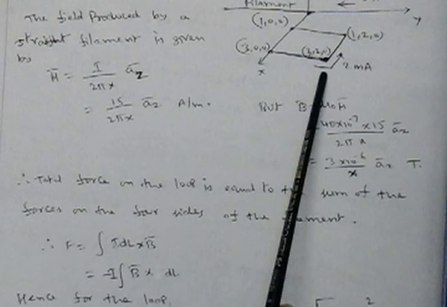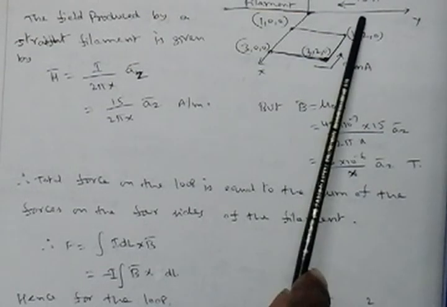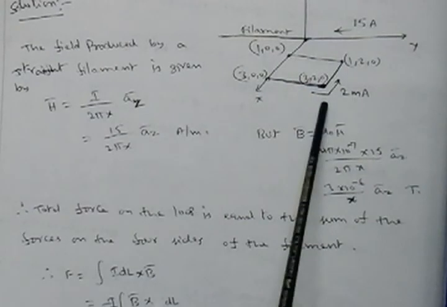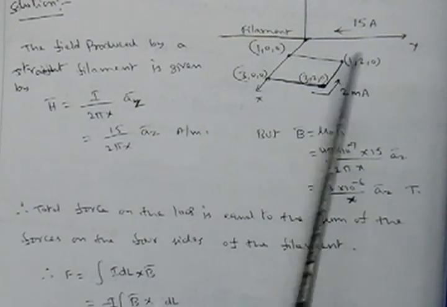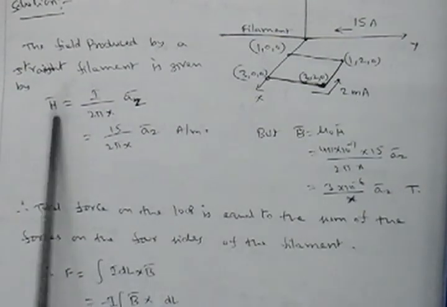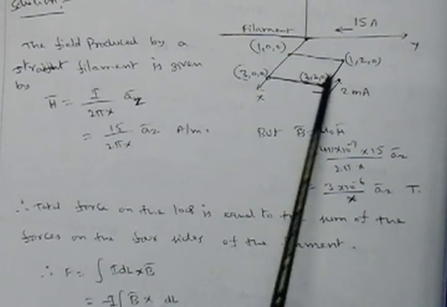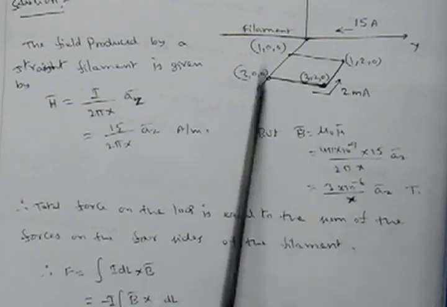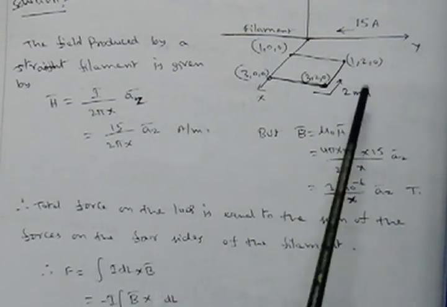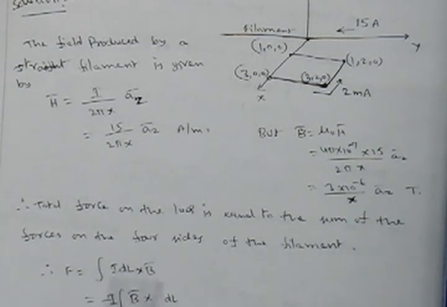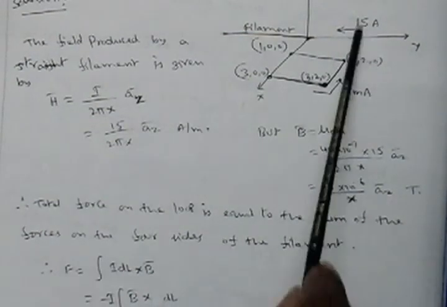Here two currents are given. One current is considered for the calculation of magnetic field intensity, because whatever current flows through the filament produces the field. The loop is experiencing some amount of force due to the current flowing through the square loop, so this 2 amps will be considered in the force equation only, while the filament current is considered for the calculation of magnetic field intensity.